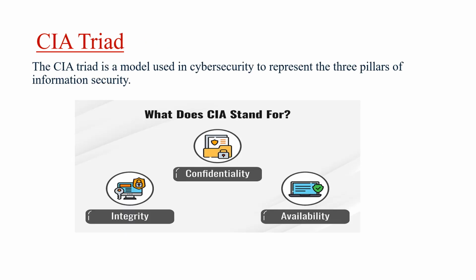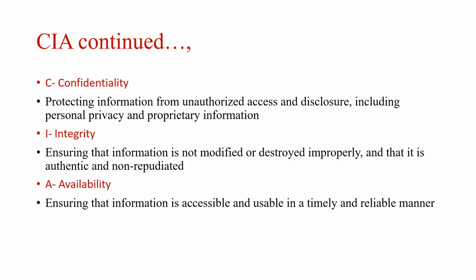The CIA triad is basically the main three pillars of information security, where C stands for confidentiality, I stands for integrity, and A stands for availability. Confidentiality is ensuring that the data must be secure and must not be disclosed to any unauthorized persons, protecting our information.